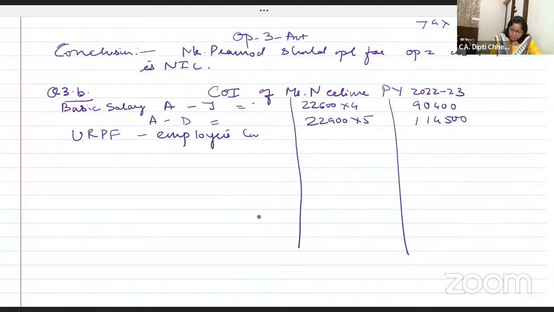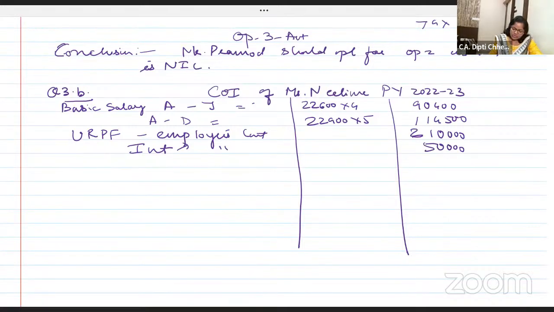Employer's contribution. How much is employer's contribution? 2,10,000. And interest on employer's contribution, 50,000.